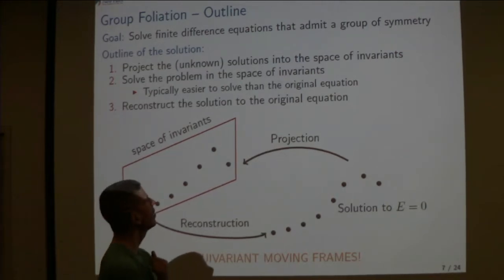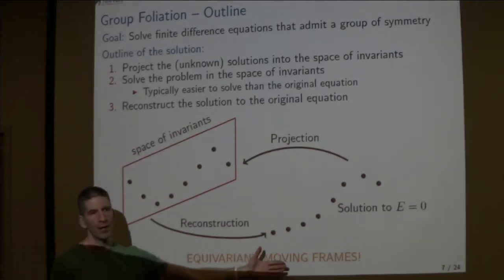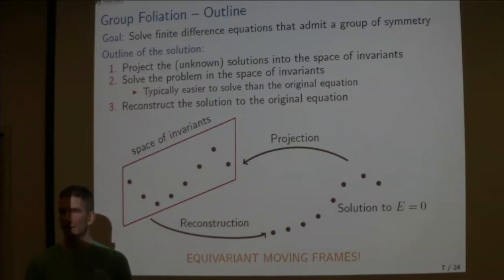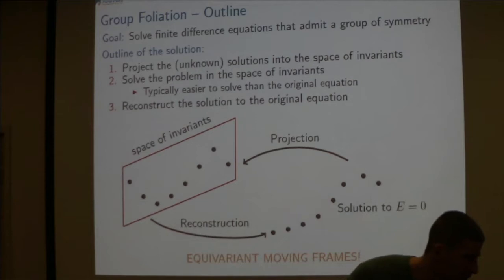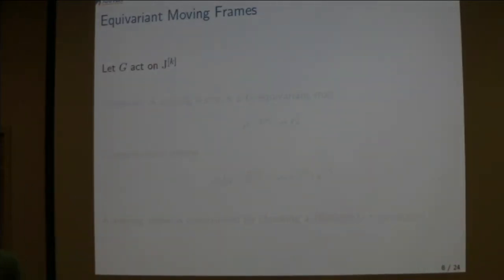Before we can actually tackle this problem, we need to talk a little bit about moving frames, remind the definition, and also see some properties of moving frames. So that's what we will do now. Our starting point is a group G which acts on the discrete jet space.